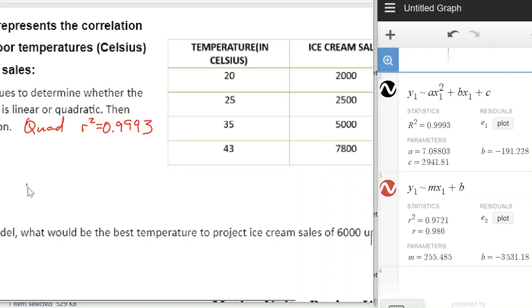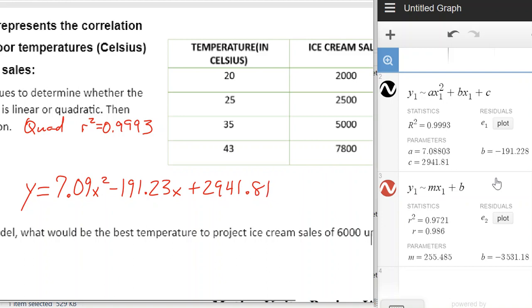And for the equation, we're going to say y equals 7.088. We might as well say 7.09 x squared minus 191.228. That would be 191.23x. And then plus 2941.81. And that's what your equation is going to look like.